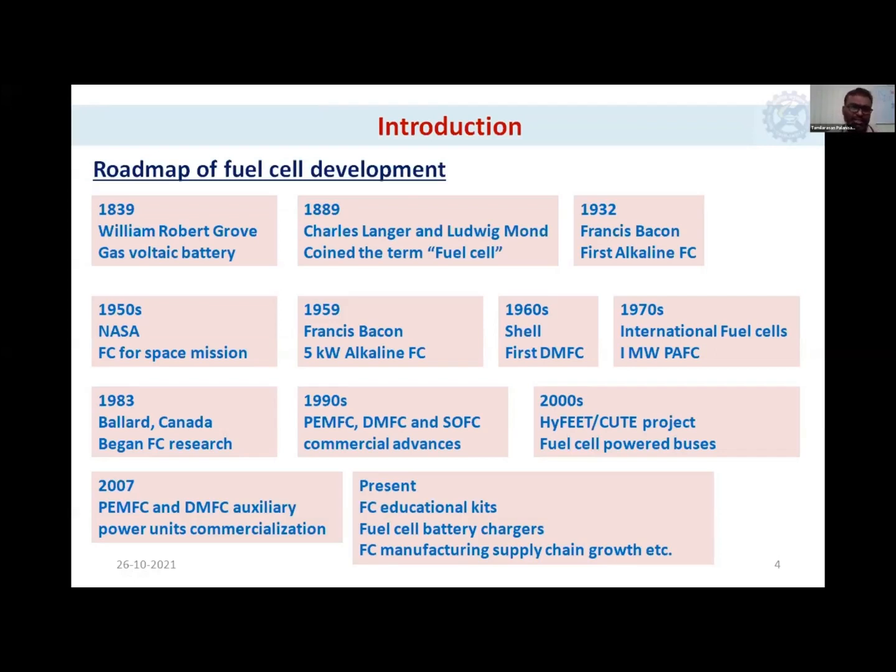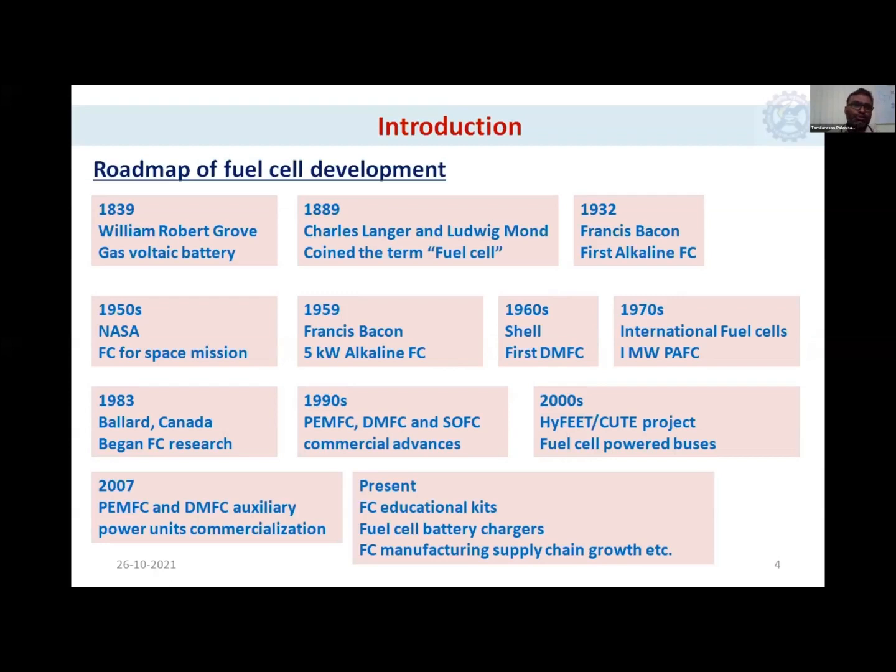And in the 1950s, NASA initially took over the fuel cell research, particularly to supply electrical energy for their space missions. In 1959, Francis Bacon once again demonstrated a 5 kilowatt alkaline fuel cell. In the 1960s, Shell started demonstrating the direct methanol fuel cell instead of using hydrogen gas, which has to be stored at high pressure and needs a lot of care to be handled.